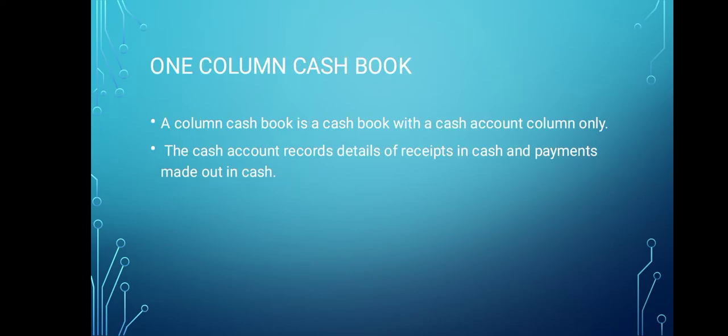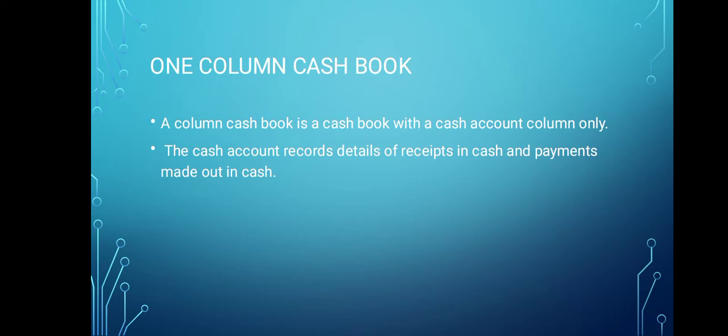Now, what is this 1-column cash book? Jane is saying a 1-column cash book is a cash book with a cash account only. Very correct, Jane. Kandu is also saying the cash account records details of receipts in cash and payments made out in cash. Very correct.